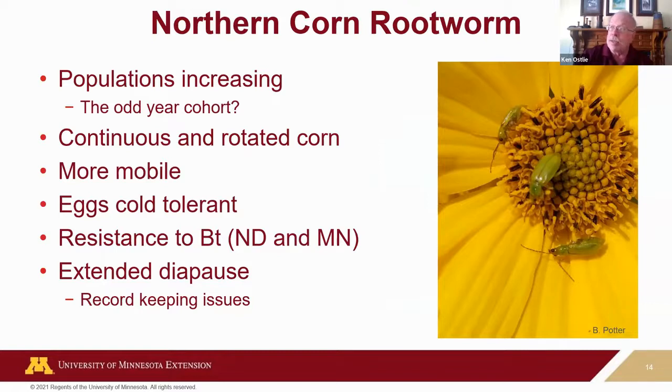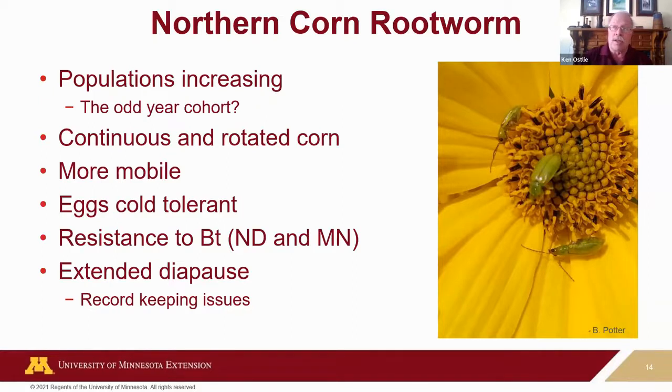In a head-to-head competition with large numbers of Westerns, the Northerns tend to lose out, and in continuous corn, the Westerns then tend to dominate. The Northerns have more cold-tolerant eggs. They've been associated with the prairie situation in the upper Midwest for a lot longer period, with the Westerns originating farther to the Southwest and coming north with corn production.